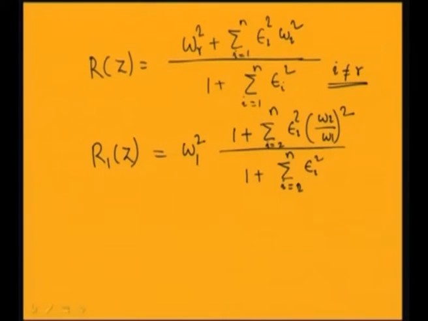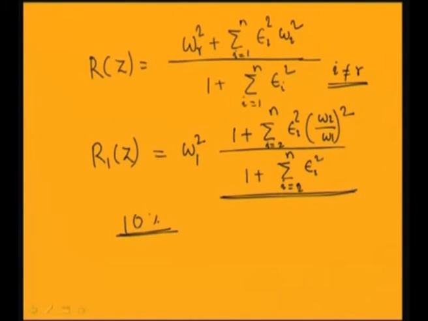From this expression you can note that when we make an error of 10% in taking the correct value of z, in that case this part will be the error.